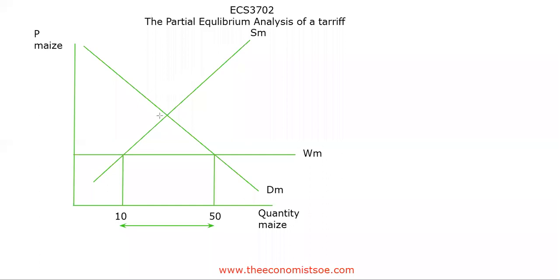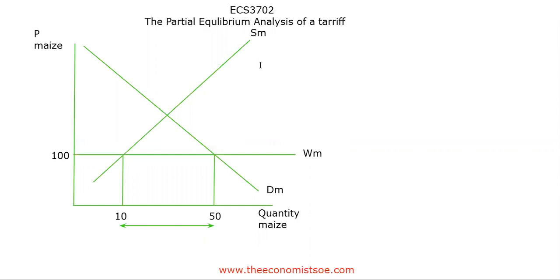Okay, so let's take a look. If this nation imposes a tariff on the importation of maize, let's say a ton was being sold at, let's just say 100 Rand. This is just a hypothetical example, 100 Rand.